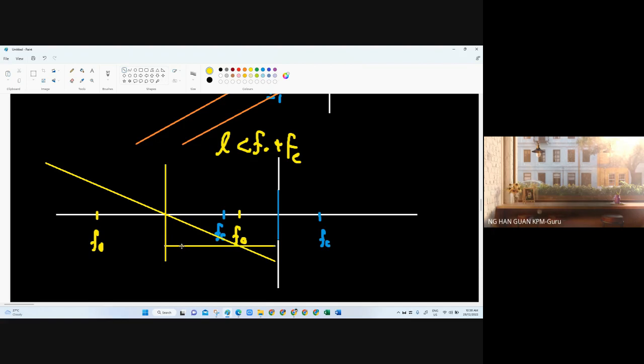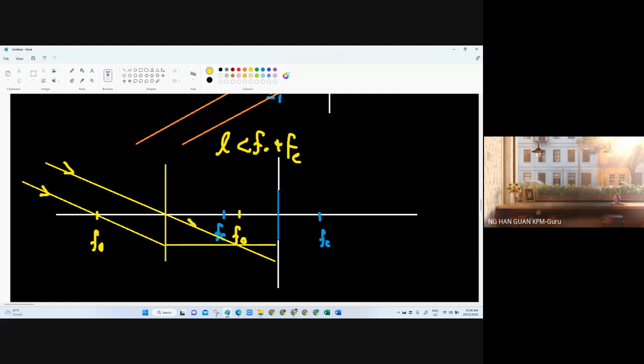The first image must all be located on the focus point, so you can reverse the drawing. If you have a ruler, it's better. I don't have a ruler, so I have to reverse the drawing to make sure that the FO is correct here. So these two are parallel rays.